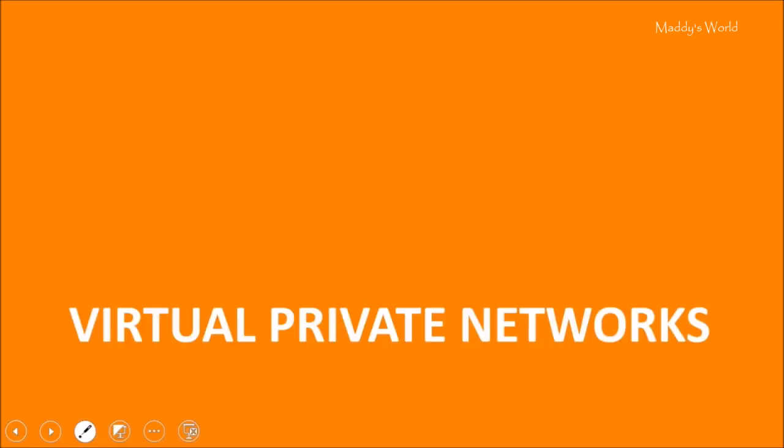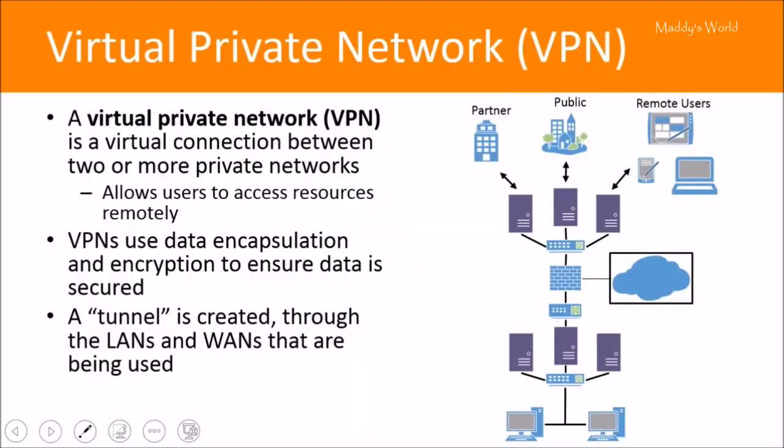Let's talk about virtual private networks. So what do you do if you are working from a remote location? Maybe your company's based in Seattle, Washington, and you happen to be working out of Shanghai, right? Well, you can access your company's intranet using a virtual private network.